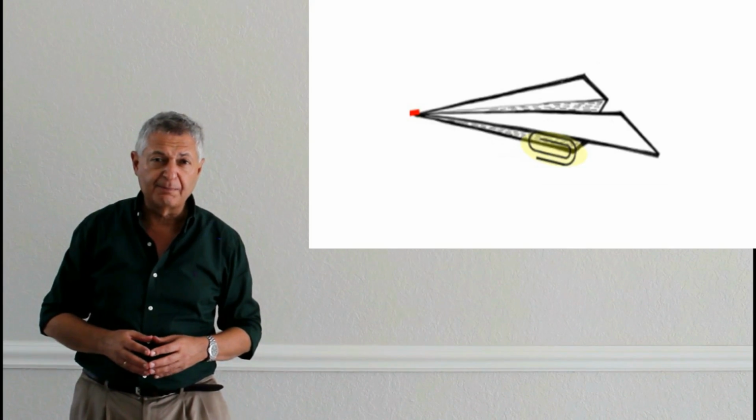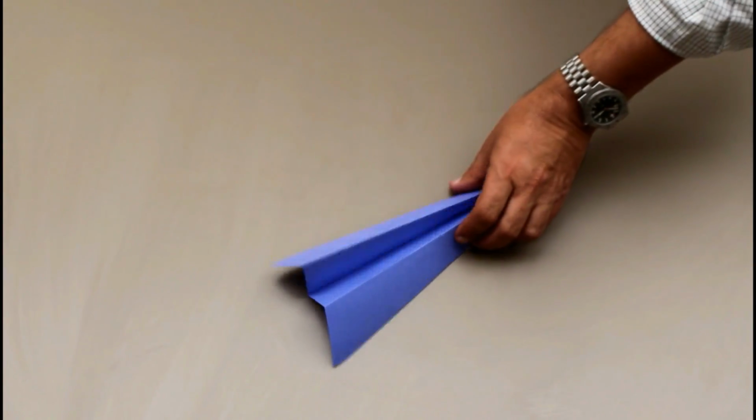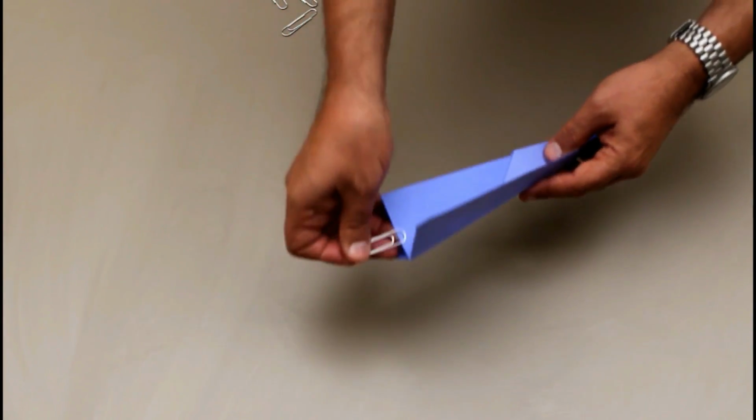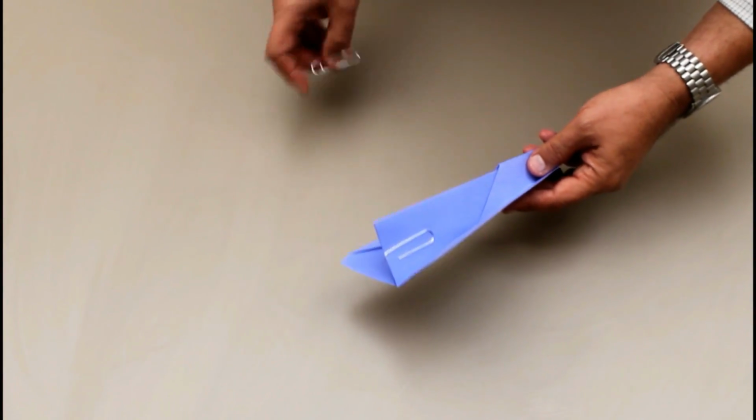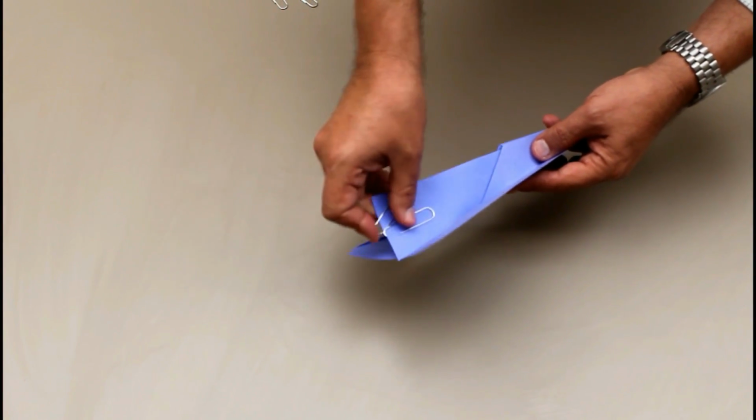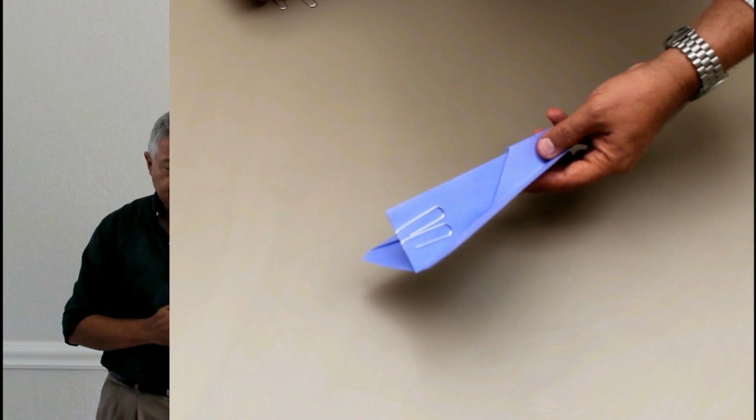On the other hand, let's try to do a different experiment. Let's now try to put the paper clips in the back. And we now try to fly the airplane again.